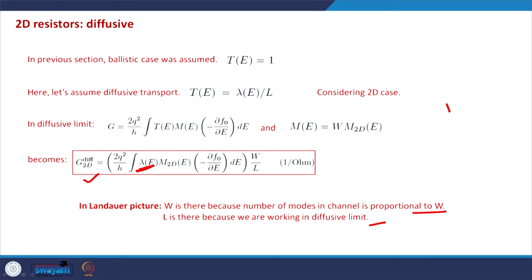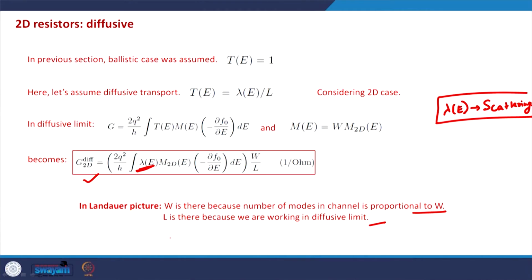This lambda essentially comes from the scattering in the channel, and this is the topic that we have not dealt with in detail: the scattering, and how the scattering length, the mean free path of the electrons, can be calculated as a function of energy. So, if there is time left, we will revisit the scattering and try to calculate lambda as a function of E.